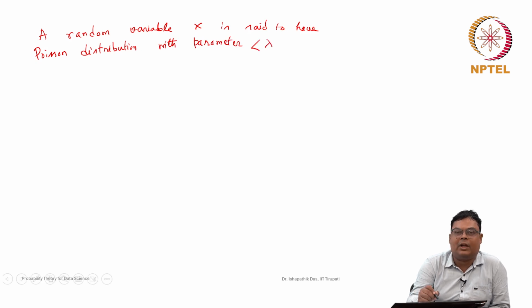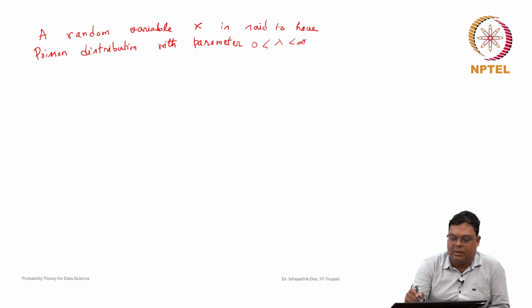Like the Bernoulli distribution, whose parameter p belongs to the closed interval 0 to 1. For the binomial distribution we observe that there are two parameters: n, a positive integer, and p, again in 0 to 1. For the Poisson distribution there is only one parameter, lambda. This is a real number, but it will be greater than 0 and less than infinity.